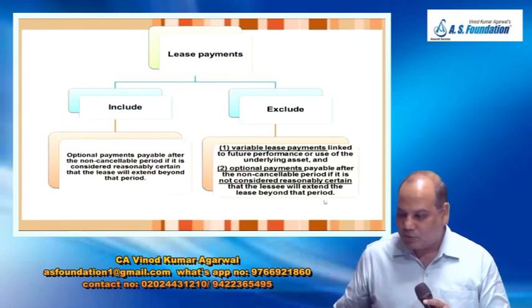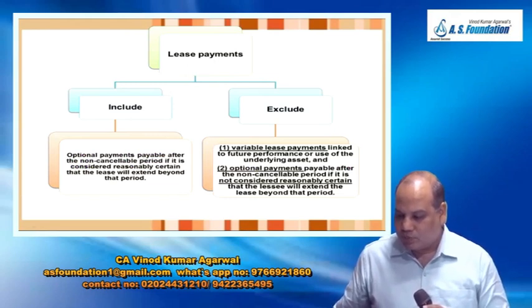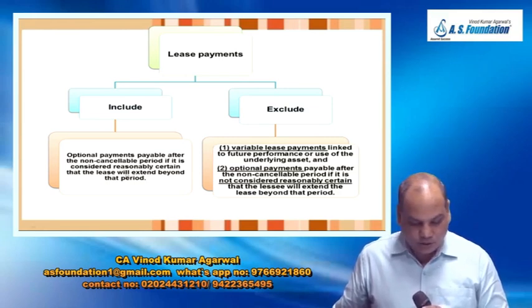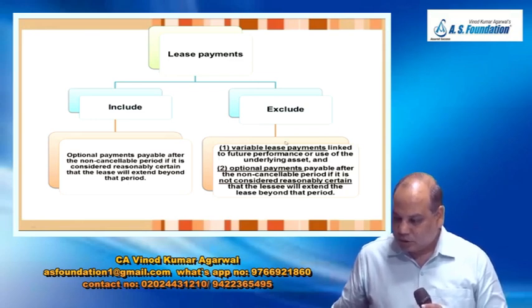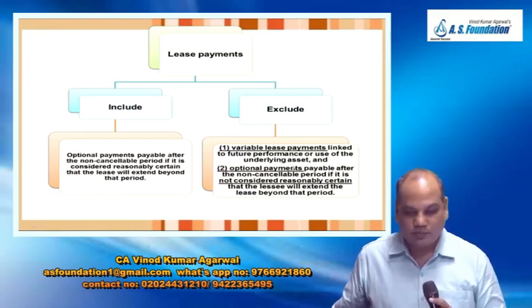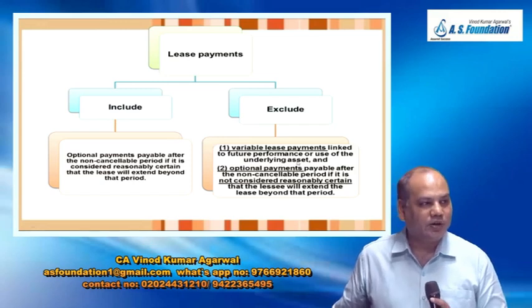So there is a problem on lease incentive also. So lease payments include optional payment payable after the non-cancelable period if it is reasonably certain that the lessee will extend beyond that period, and exclude variable lease payment linked to future performance or use of the underlying asset. Okay, because these are contingent.